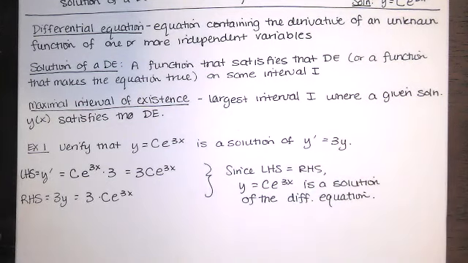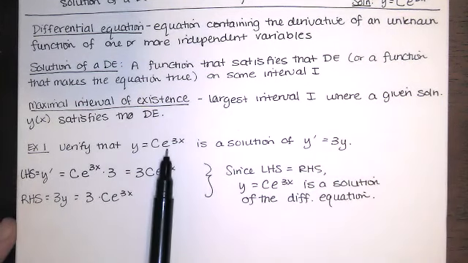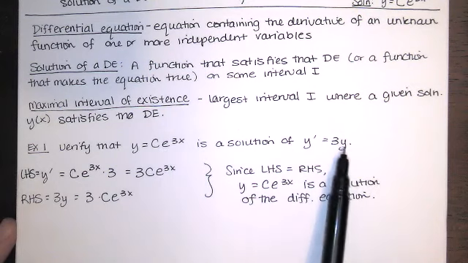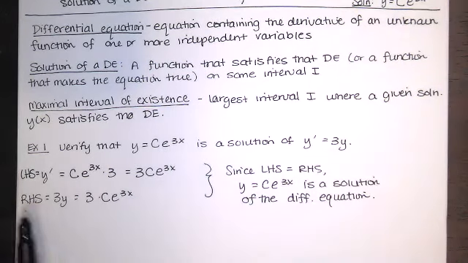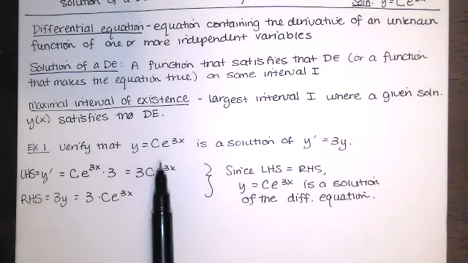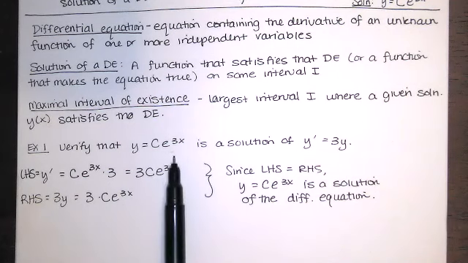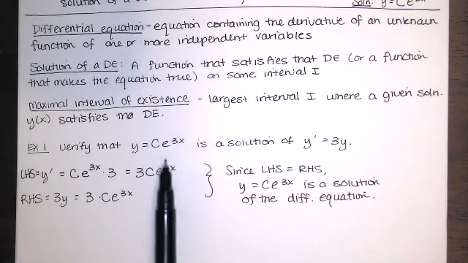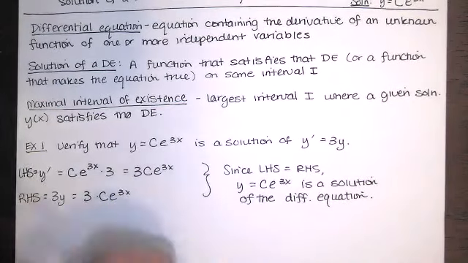And the maximal interval of existence is the largest interval for which this will satisfy this differential equation. And it's always one interval. It's never a union of several intervals. And it's going to be all real numbers, because it doesn't matter what x is, the left-hand side here is going to equal the right-hand side over there.